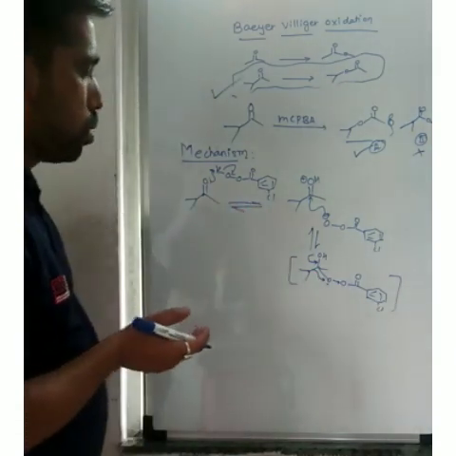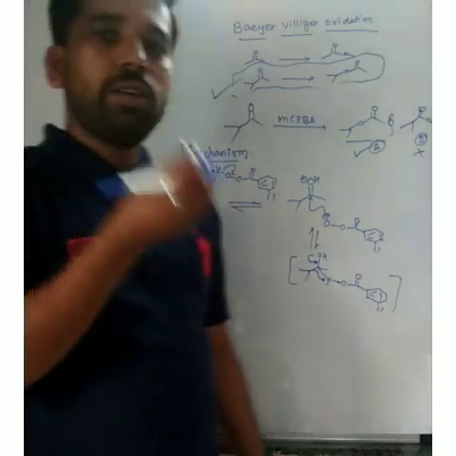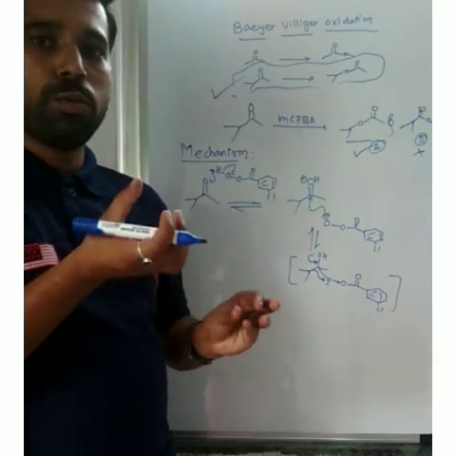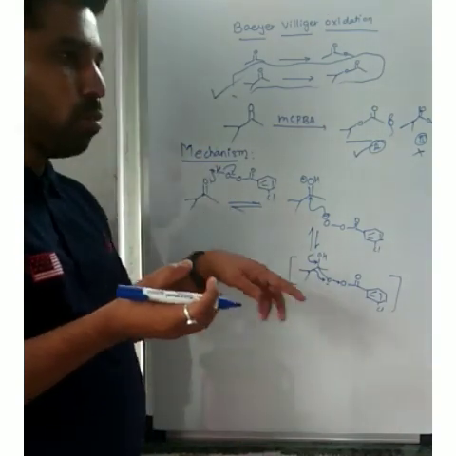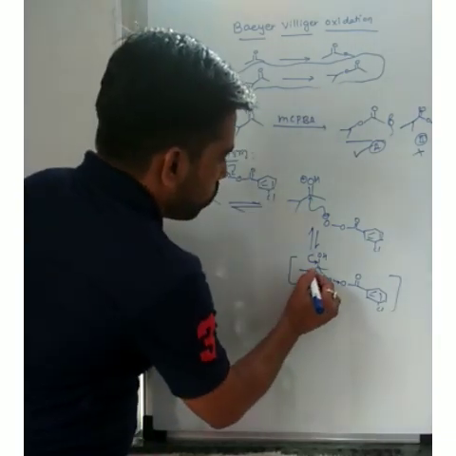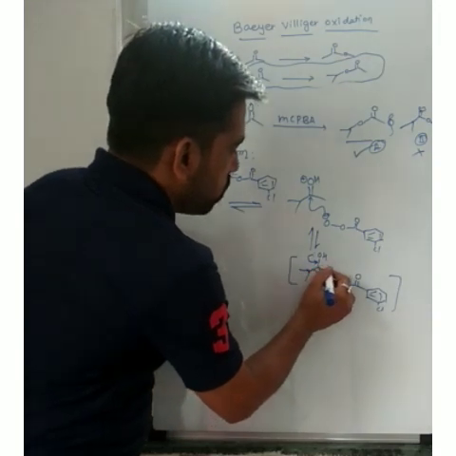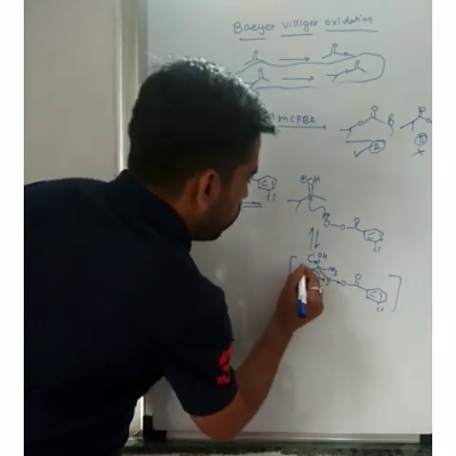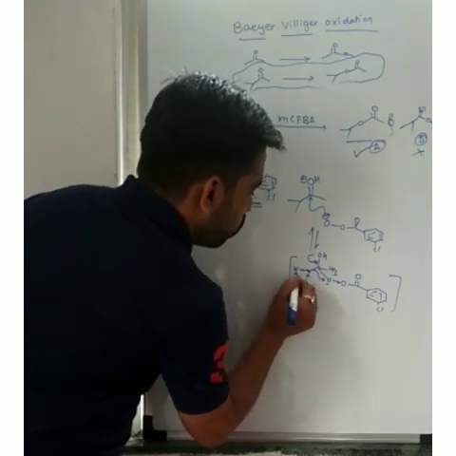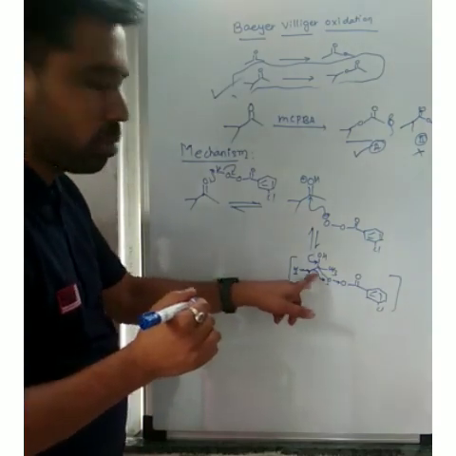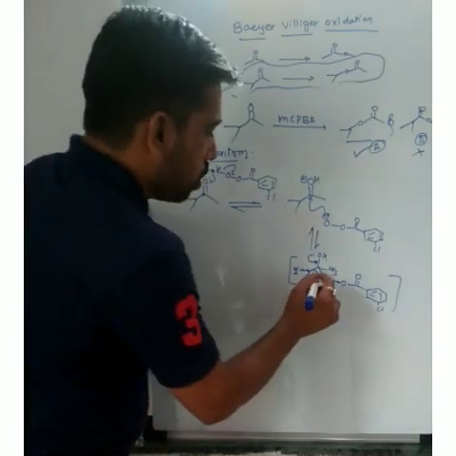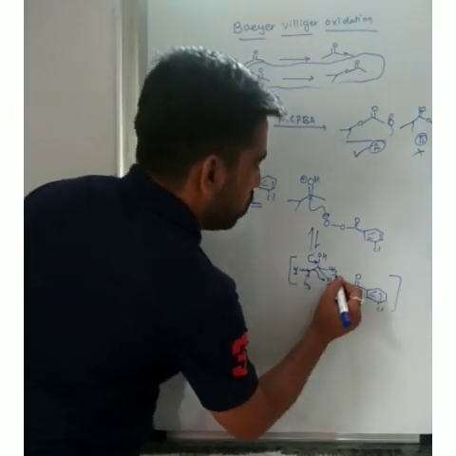Those groups which stabilize the cationic transition state are the electron donating groups and not the electron withdrawing groups. The more substituted group is the more electron donating. There is a propyl group and a methyl group. Because of the inductive effect of this isopropyl group, it is the more donating group, which can stabilize the transition state. So this group migrates here.